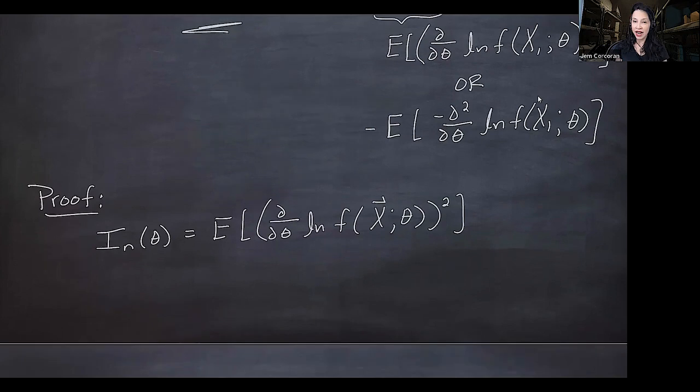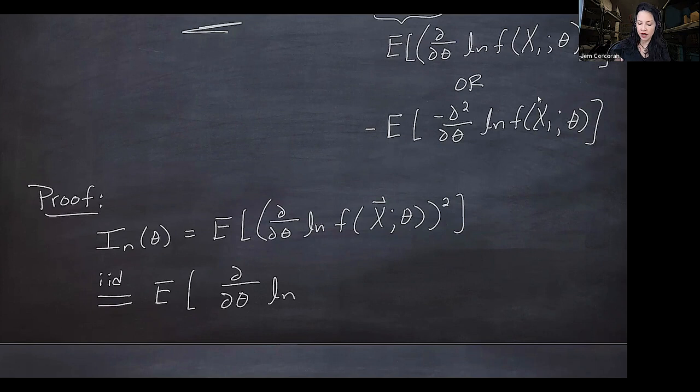Now, because they're IID, that joint PDF is a product of individual PDFs. So because these are IID, this is the expected value of the derivative with respect to theta of the log of the product as i goes from 1 to n of f of xi and theta, and then that whole thing gets squared.